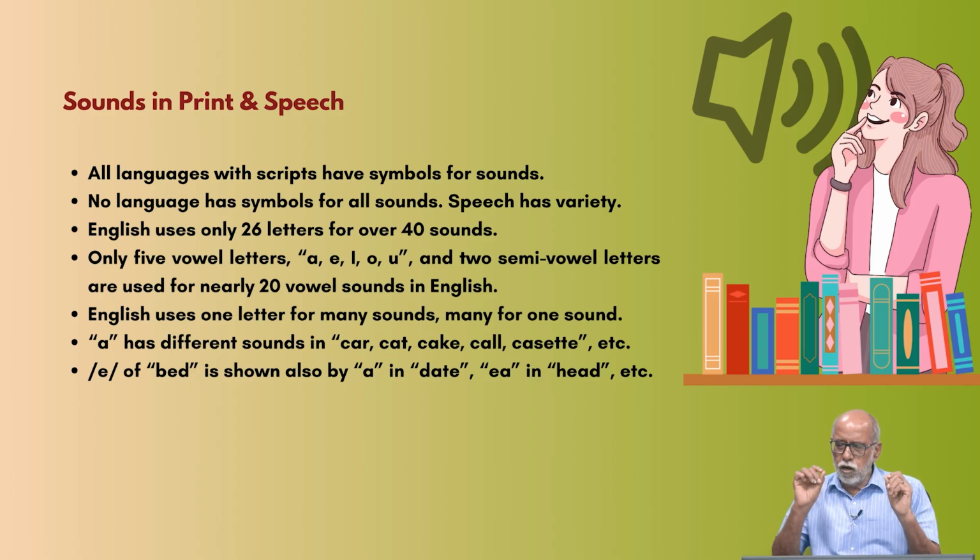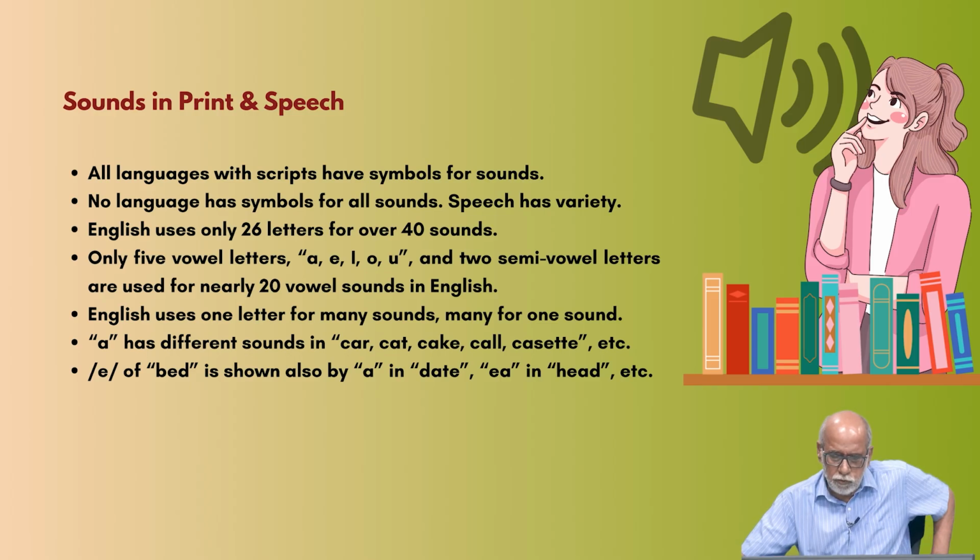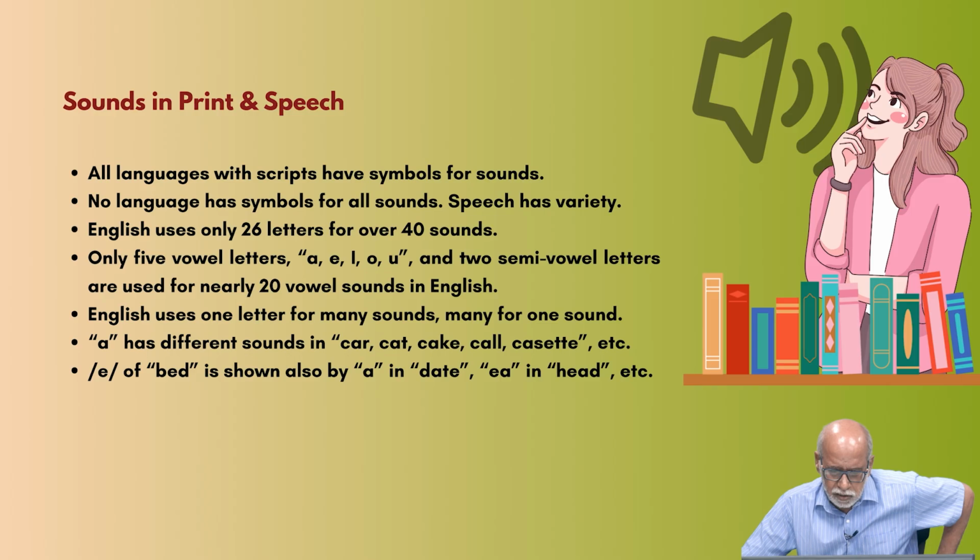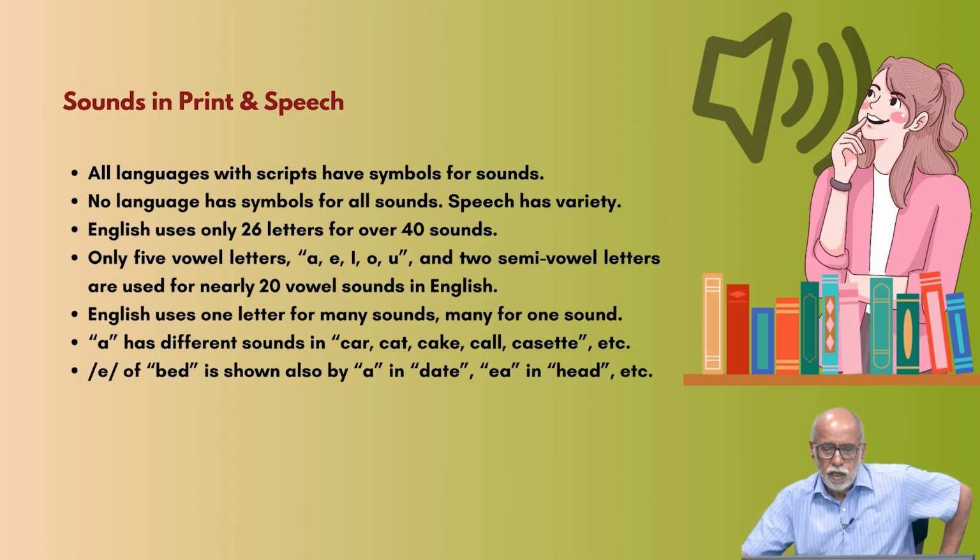That is essentially what print does. A print or writing system uses symbols to represent sound, to show sound. So, for example, when we write S, we mean S, and when we write SH, we mean sh.